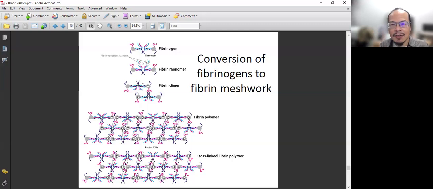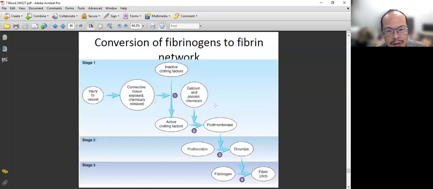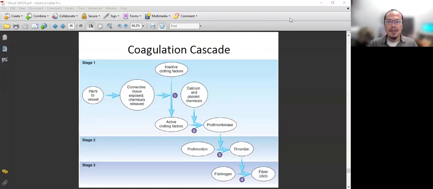However, this conversion is much more complicated than anything before, and probably the most complicated thing I ever read in the entire physiology. So let me show you this one here. All right, so I just changed the title a little bit. That makes more sense now. So this process to convert the fibrinogen to fibrin is not just one step, it's a cascade. You can see that it's triggered from the injured vessel, such as collagen exposure.